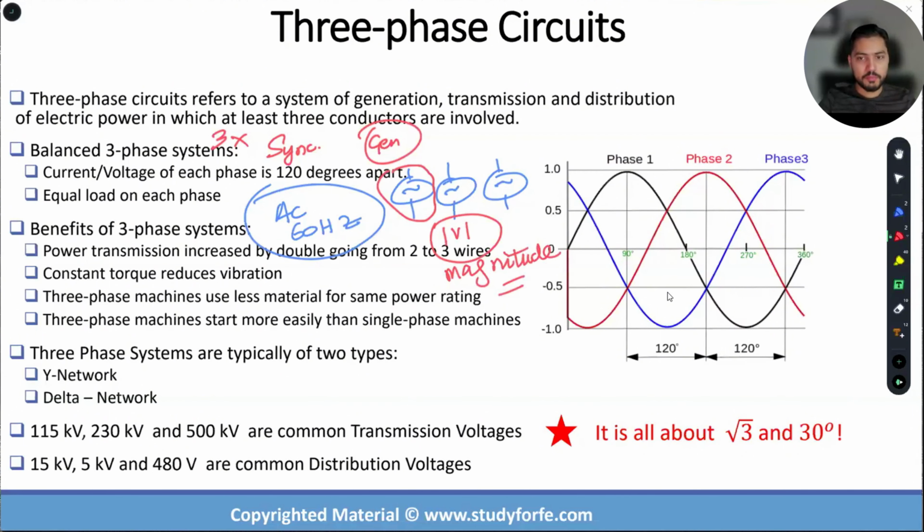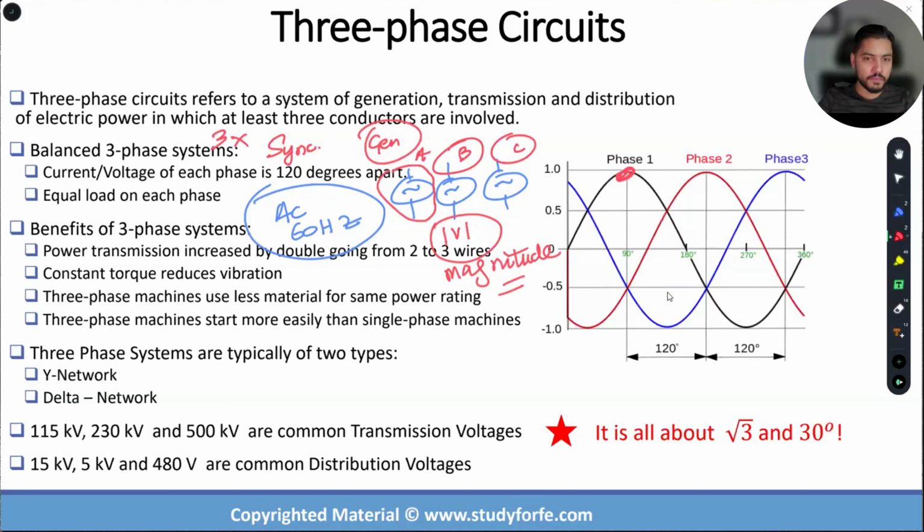Which means that if the peak voltage that is being generated by generator A is, let's say, 1000 volts with respect to a reference point, with respect to a neutral, then generator B is also going to have a sinusoidal that is going to peak at 1000 volts. Similarly, phase C is also going to have a peak voltage of 1000 volts.